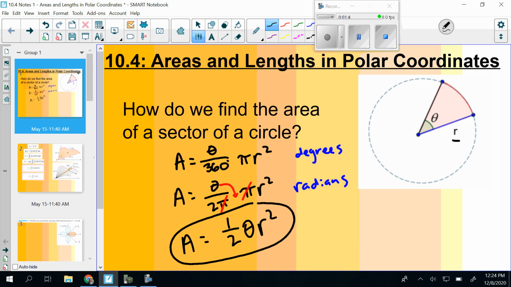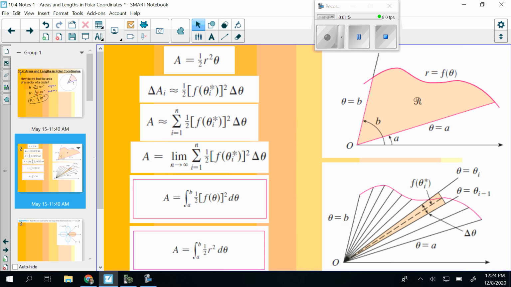And we're going to use something similar today when we're working with polar form to find part of the area of one of these polar graphs. So when you are graphing in polar form, recall that you have some starting angle here. Let's say it's A that you start at. That gives you that starting pole.